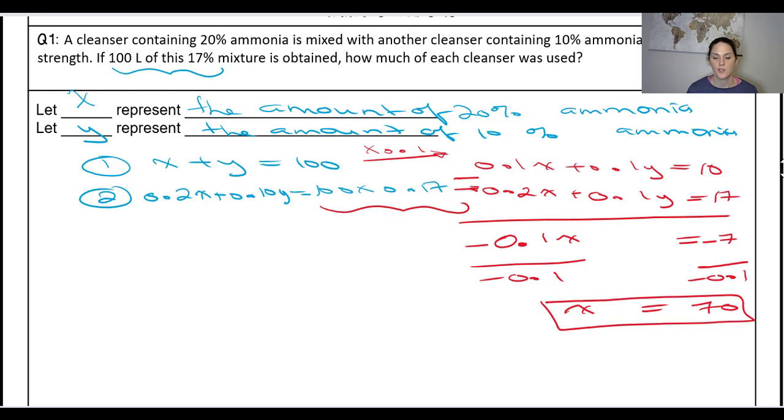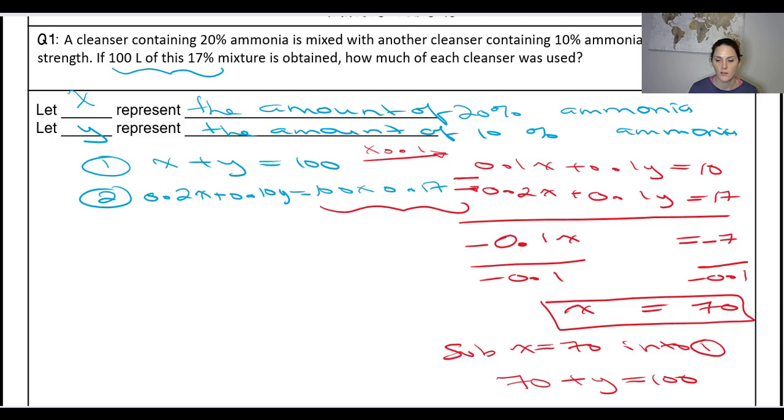So then we're going to substitute x is equal to 70 back into equation number 1. So instead of x, we're going to type in 70. 70 plus y equals 100. So y is equal to 100, take away 70, which is 30.